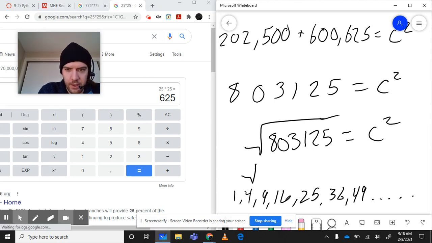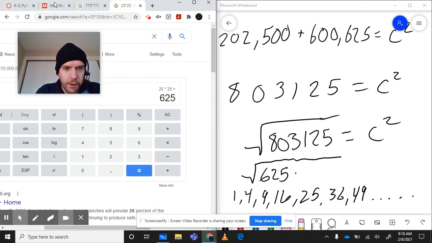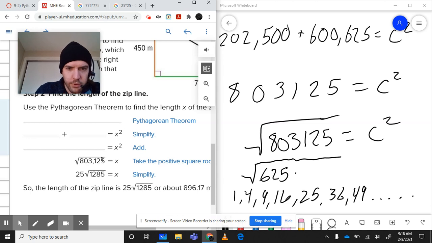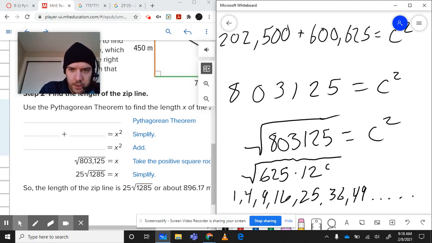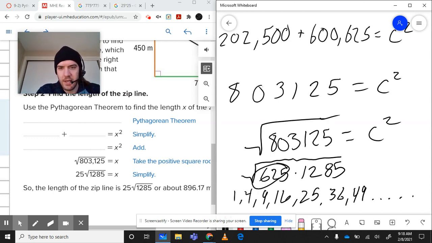Now, I cannot in any way look at this thing and just say, okay, that is 625 times, what number did they get? 1285? Okay, I'm not going to be able to look at this number and just pull this out of nowhere. Nor do I even know off the top of my head that this is a perfect square number. You know, I run out of my perfect squares at about 13, I think, right?